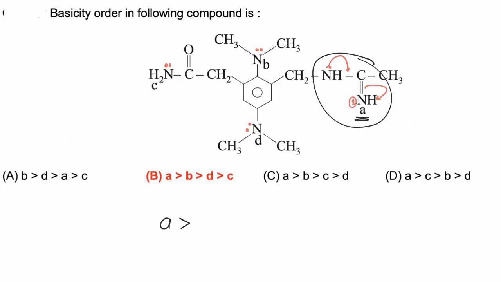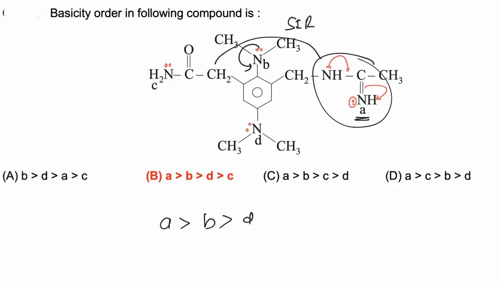Now out of B and D, both are involved in resonance, but due to SIR effect, this group changes its plane, and due to SIR, the nitrogen lone pairs are not involved in resonance. So out of B and D, B is more basic.